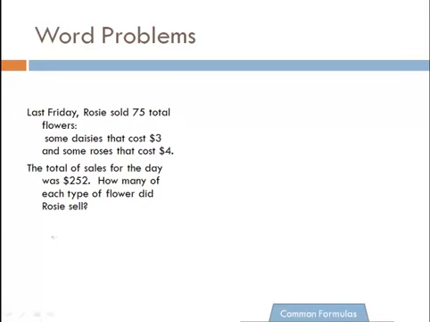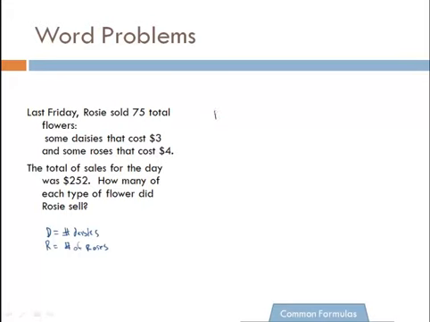First of all, I'll use a D to represent the number of daisies that were sold, and I'll use an R to represent the number of roses. For the types of equations, I'll start by using a simple total, and that is when you just add the variables up straight as they come.